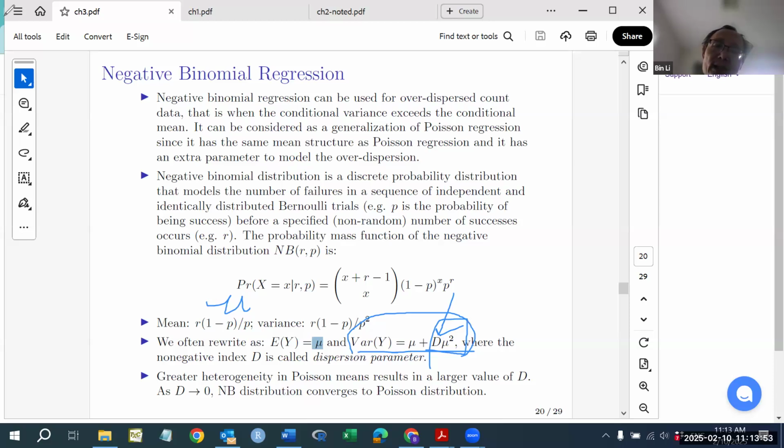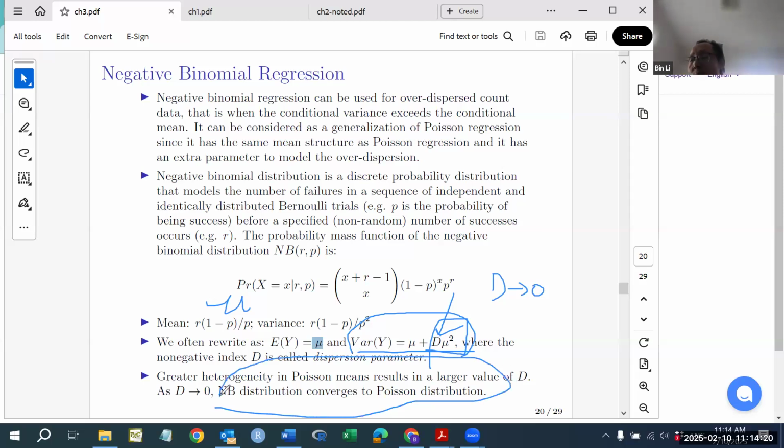So you can see the negative binomial does not require the mean and the variance to be the same. But when d converges to 0, then you can see the mean and the variance are going to be the same. Okay, and that is a special case. So for d going to 0, the negative binomial distribution converges to a Poisson.